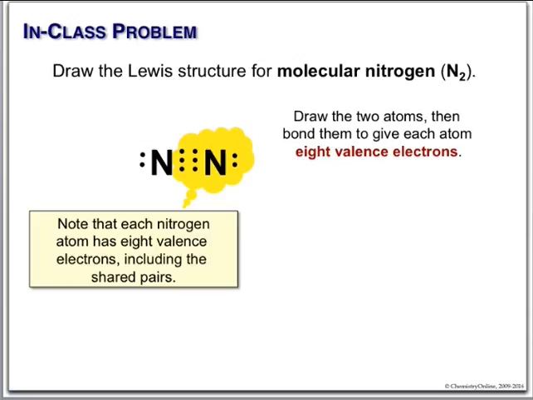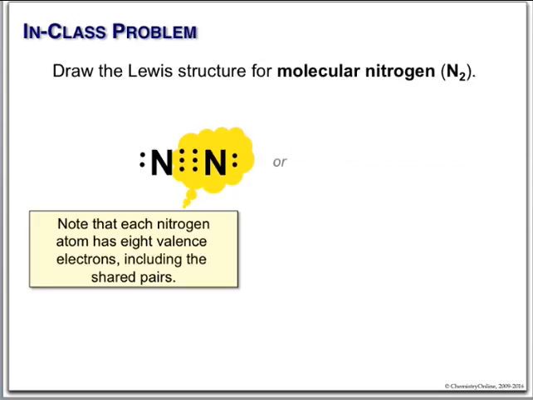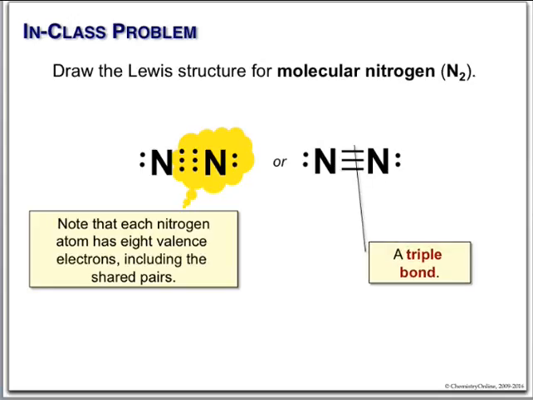How do we show this? Well, we have 3 covalent bonds, 3 separate bonds between these nitrogens. And so we would simply draw it this way and call that a triple bond. Any questions?